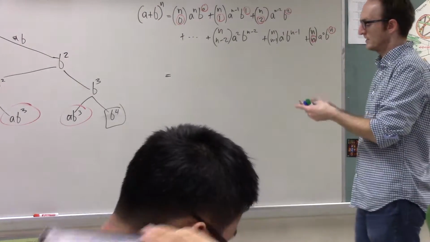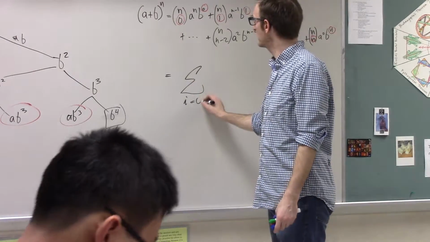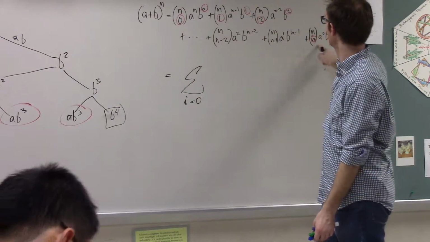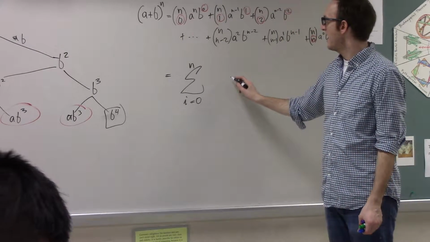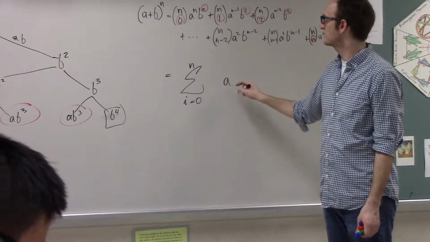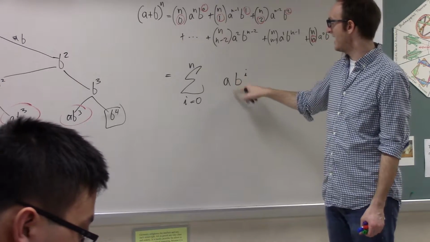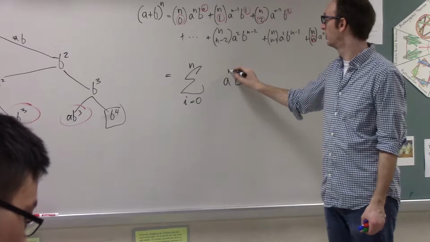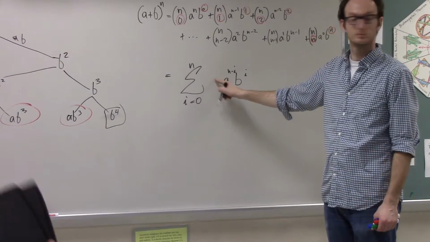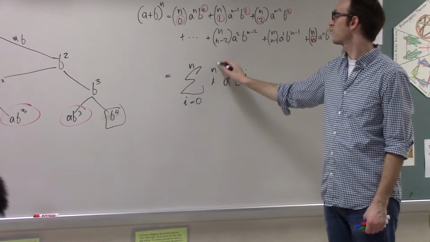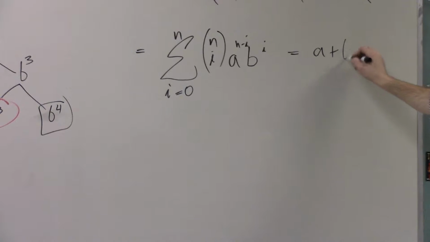So I'm going to write this as the sum from i equals 0, because I seem to be starting at 0 and I seem to be ending at n. And this is going to be a to the, well, b is going to be raised to that power, and a is going to be raised to n minus that power. And what's the coefficient? N choose i. That is the binomial theorem.